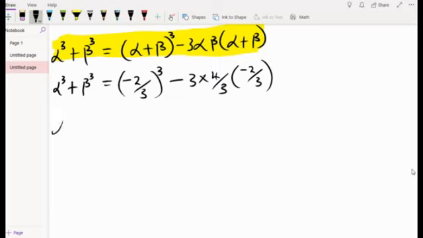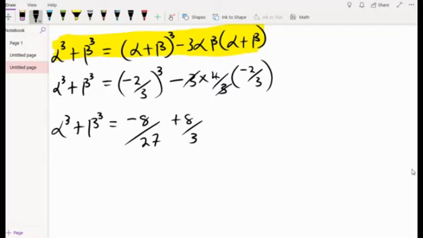So our alpha cube plus beta cube is going to be equal to minus 2 raised by 3 is minus 8. So this 3 raised by 3, that's 27. Then this 3 will cancel this 3. So this is going to be minus 4. So minus times minus, that's going to be plus 8 divided by 3. So we simply find the LCM. The LCM is 27.